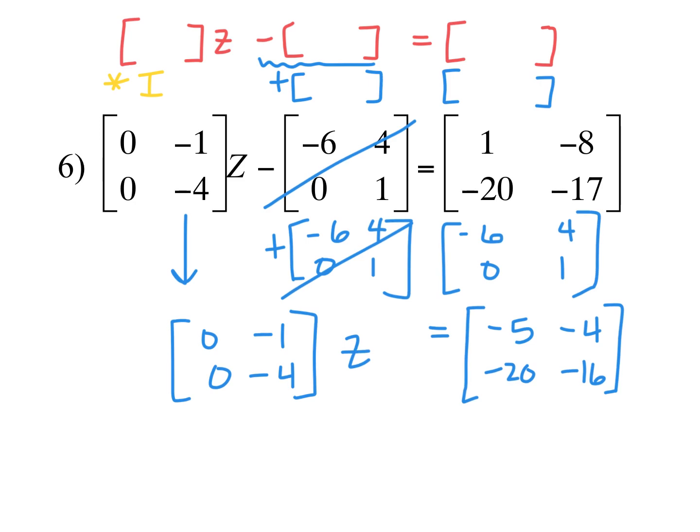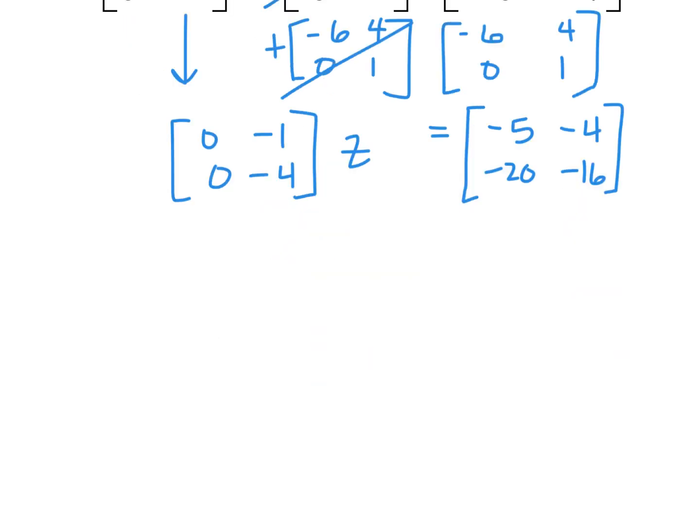Okay, so now I know I need to be finding the inverse, so I'm going to go ahead and do that. I will start by finding the determinant here. So my determinant is going to be 0 minus 0, which is actually a 0. So remember from yesterday, if the determinant is 0, there is no inverse.